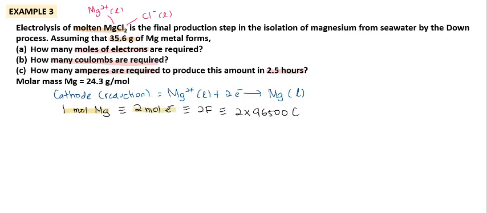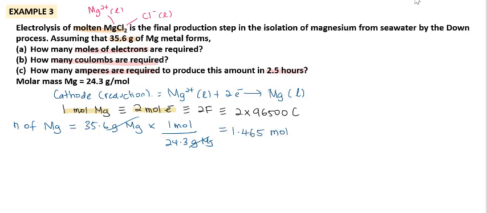So find the number of moles of magnesium deposited. 35.6 gram of magnesium times 1 mole divided by 24.3 gram of magnesium. So the moles of magnesium deposited is 1.465 mole. So 1.465 mole of magnesium, use the conversion factor.